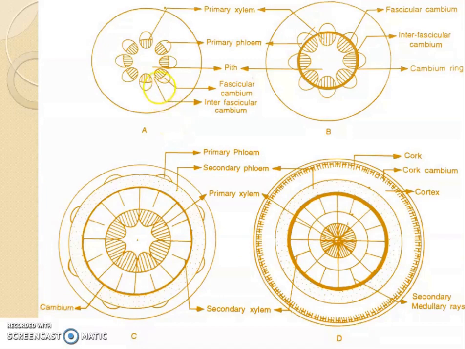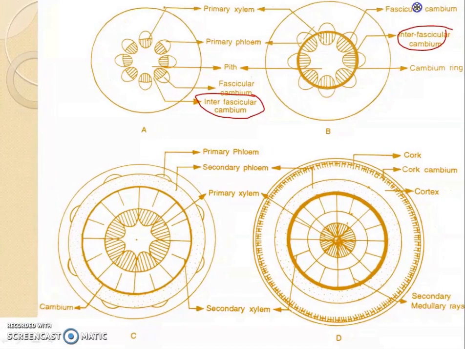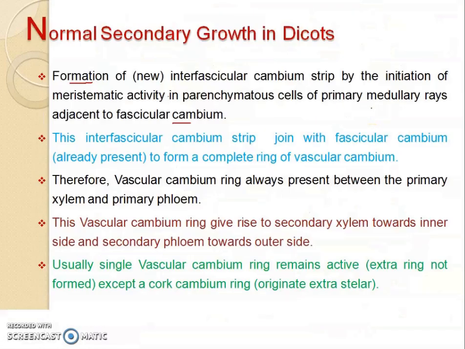In this case, interfascicular cambium is formed between two vascular bundles, and this interfascicular cambium joins with the fascicular cambium to form a complete ring of a vascular cambium.